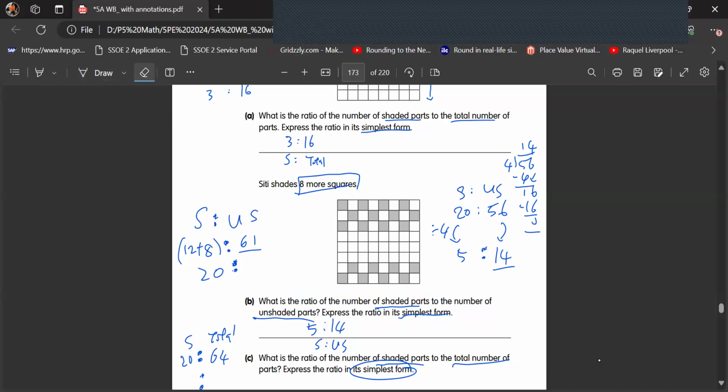This is not correct. Right. Now, can you resolve this yourself?